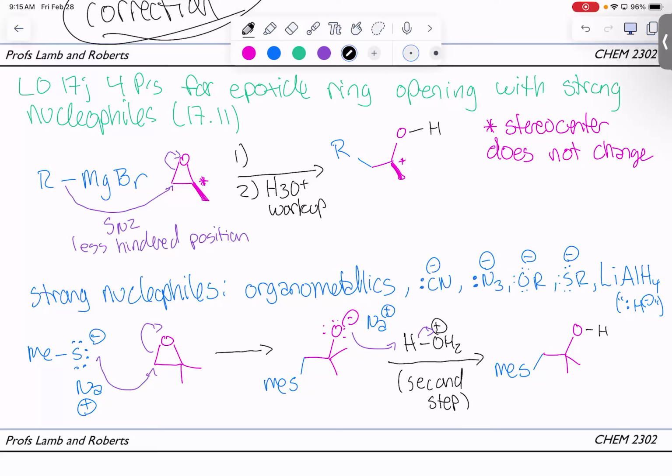It would form the thiol, which is not nucleophilic enough for this type of chemistry. At this moment, we have just dealt with reacting at a carbon that doesn't have other substitution. There's no stereocenter involved.